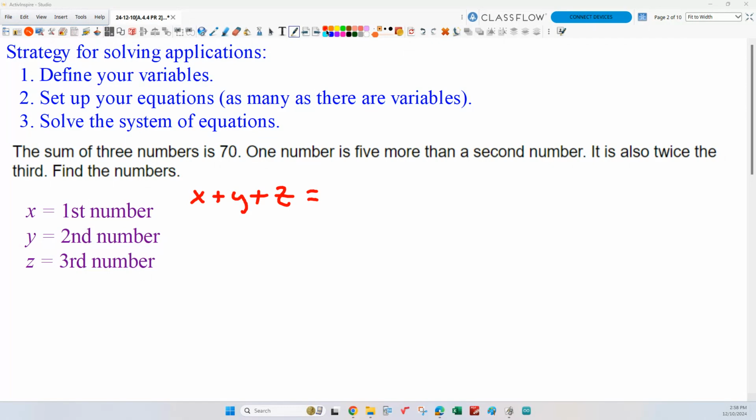It tells us the sum of the 3 numbers is 70. So therefore, X plus Y plus Z, those are my 3 numbers, must add up to 70. First equation's done, piece of cake. Okay, what's the next equation going to involve?